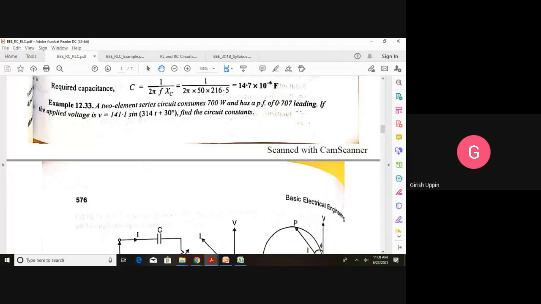If the applied voltage is given in this form, 141.1 sine of 314t plus 30, so this is the phase of the voltage. The voltage itself is starting at an angle of 30 degrees, and from that 30 degrees the current will lead. Okay, we have to take it like that.